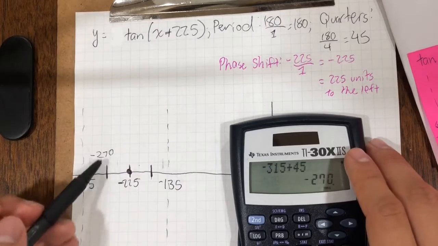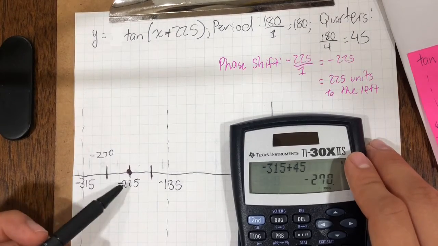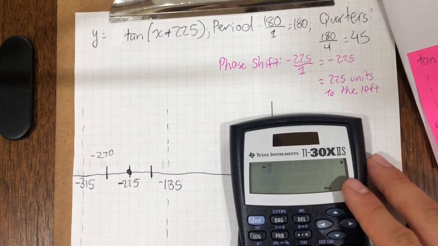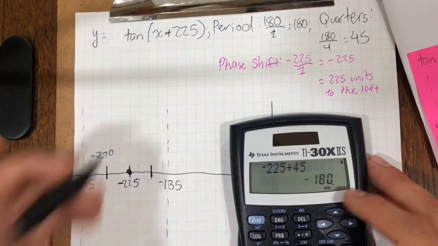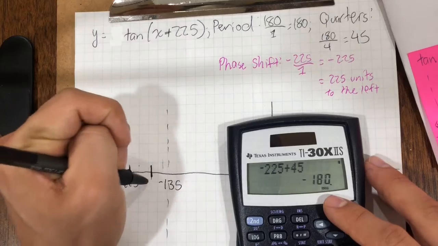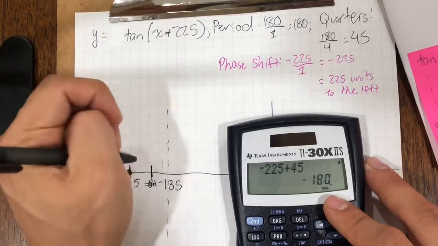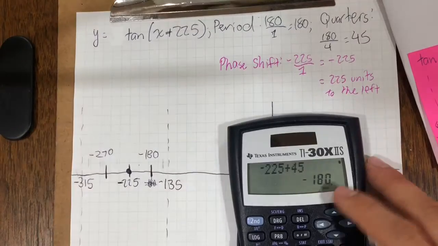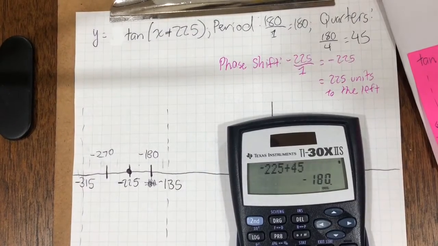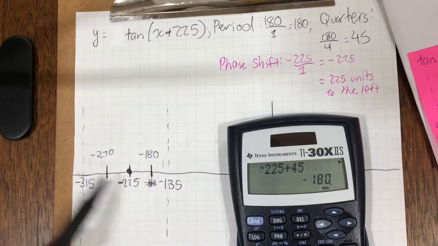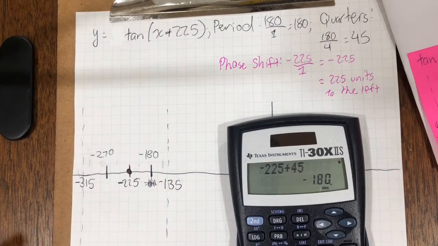Then if I add negative 270 to 45, I get negative 225. And then negative 225 plus 45, I get negative 180. That seems a little too small. Let me write it up here. Better. All right. So I have my values on the x-axis for the first part of the graph.